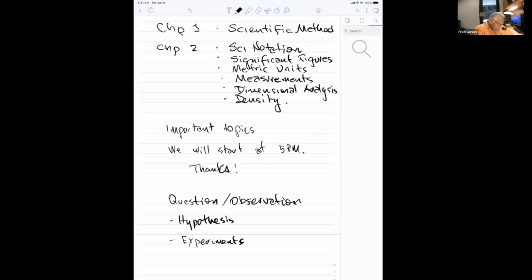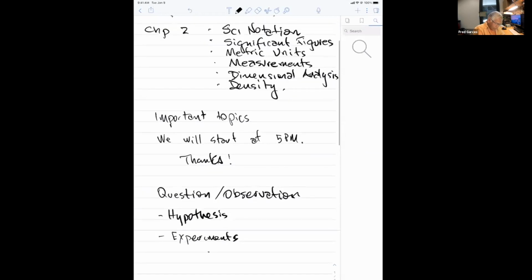So with the experiment, you make some predictions, okay? And then you validate it, or if it's not validated, if it's not true, then what you do is you change the hypothesis.